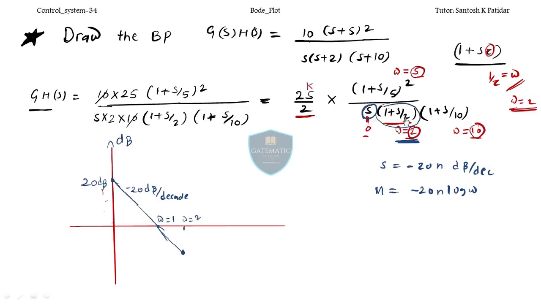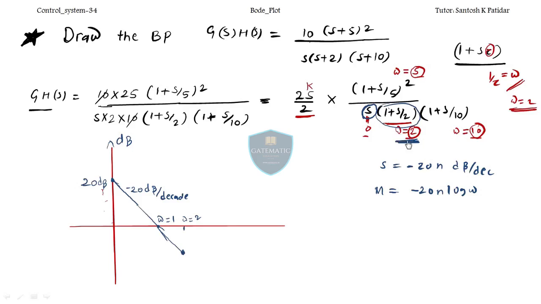At omega equal to 2 you are getting the first finite pole. Omega equal to 2 is your corner frequency. So this is a pole, and the slope provided by one pole is minus 20 dB per decade.